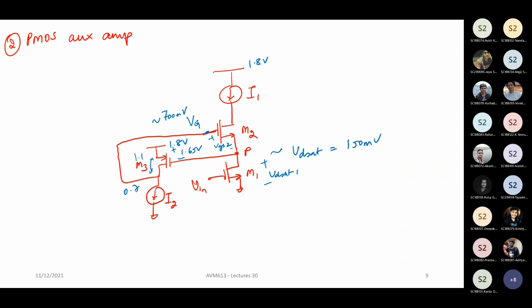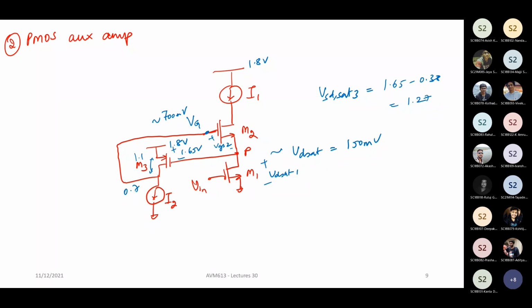But how much voltage do you need for this? The VSD SAT of M3 is going to be 1.65 minus, let's say, 0.38, which turns out to be 1.27, right?